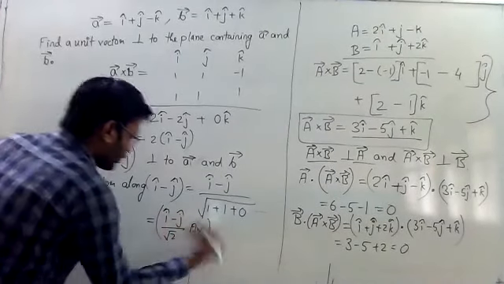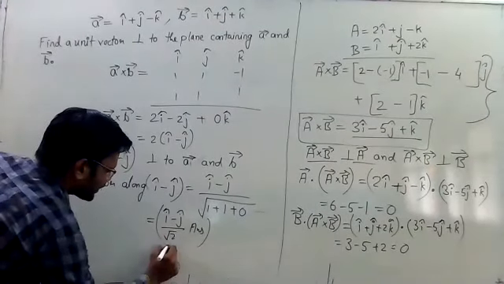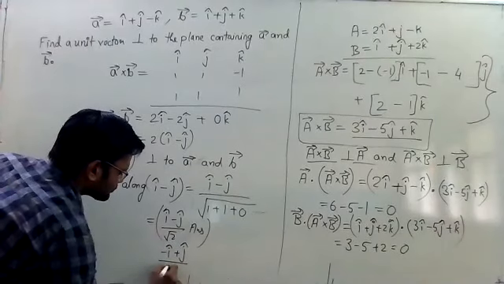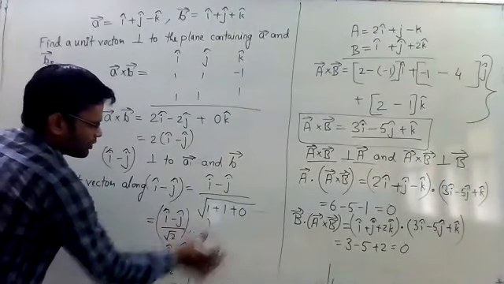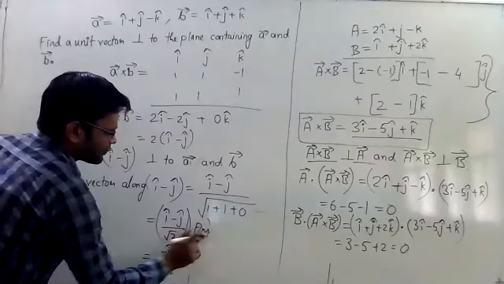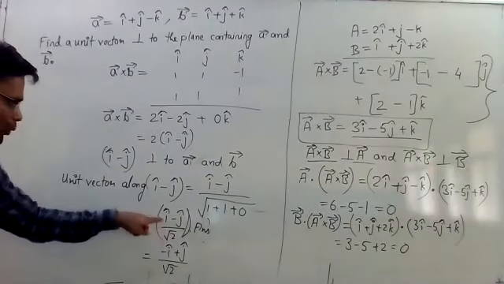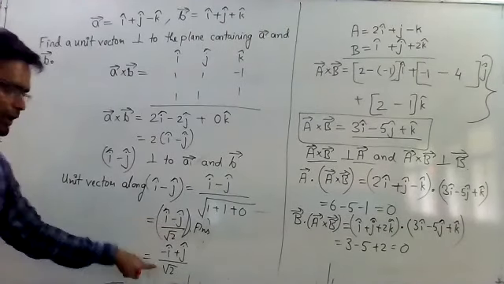You can also write this vector: minus i cap plus j cap by root 2 can also be the correct answer. Why can it be the correct answer? Because it is oppositely directed to this; it is the negative of this vector.